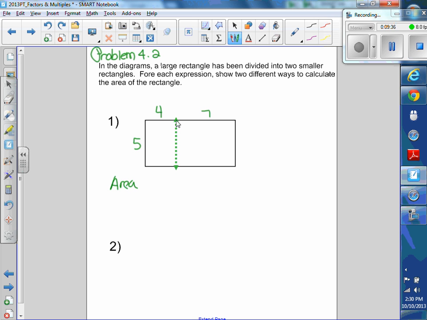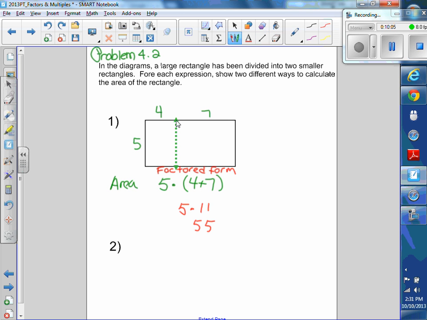So 5 times, and I'm going to write it in what they call factored form. I actually want you to write it like this first because you want to get used to seeing it that way, but you're exactly right. So factored form has parentheses. And then you would work it out, 5 times 11, right? Which is 55. And then Sophia, what about the other way?